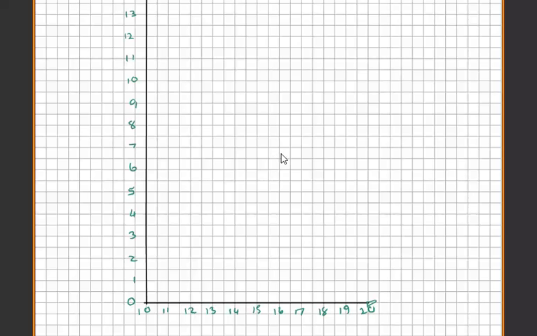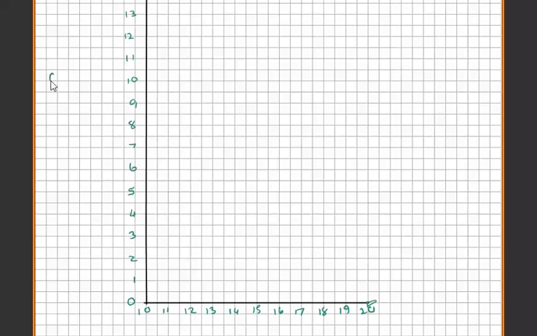Right, make sure, guys, always very important when you put in a chart, when we're doing an axis, okay, you must label your chart. So on the sides, okay, you can turn your book and write it up the side.